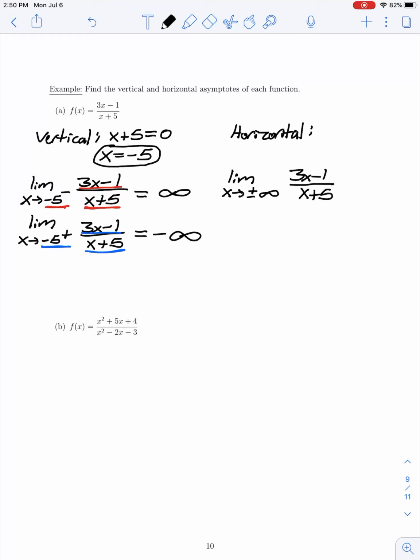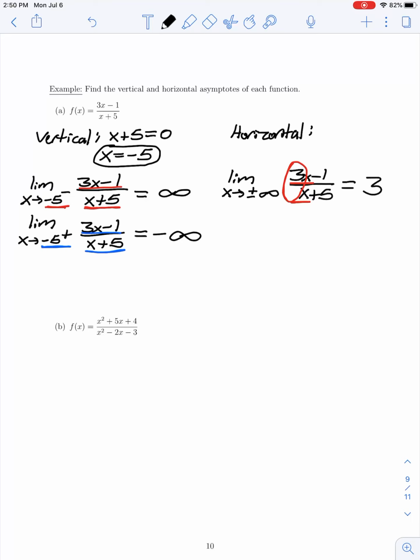If we have the infinite limit of a rational function, we would ask ourselves where the highest power of x lies. And in this example, both the numerator and denominator have the same highest power of x, namely x to the first. So our limit should be given by the ratio of the coefficients for those highest powers. In this case, 3 divided by 1. So we had 3x over 1x. So I claim this limiting value is 3.